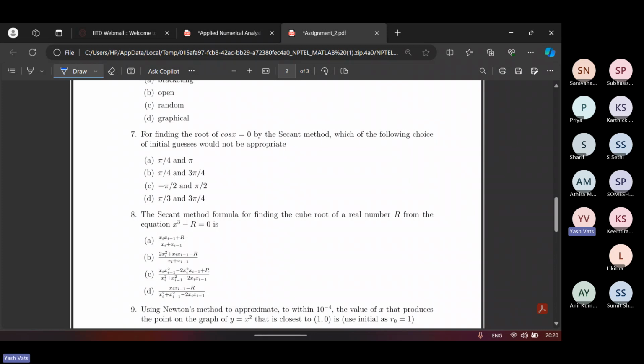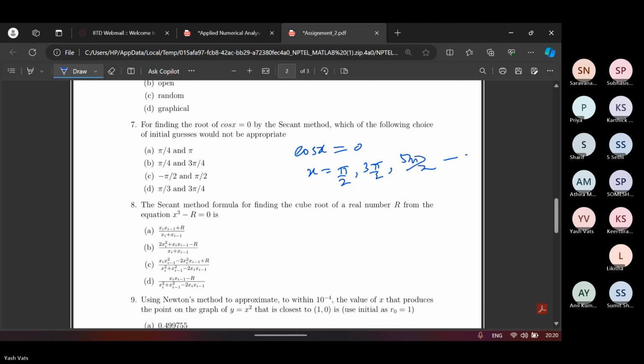Pi by 4 and pi. Are they too far from the root? Cos x is 0 at pi by 2, if I'm taking positive. Pi by 4 is less than pi by 2 and pi is greater than pi by 2.